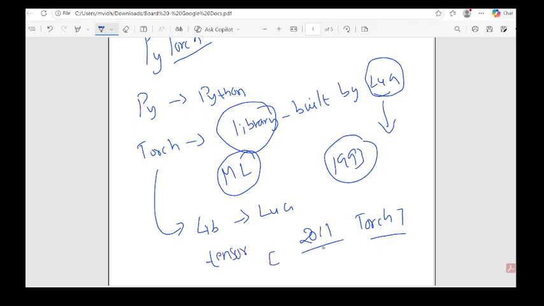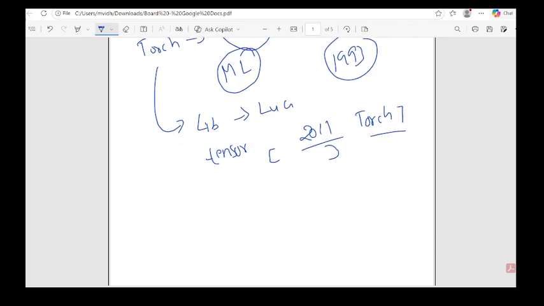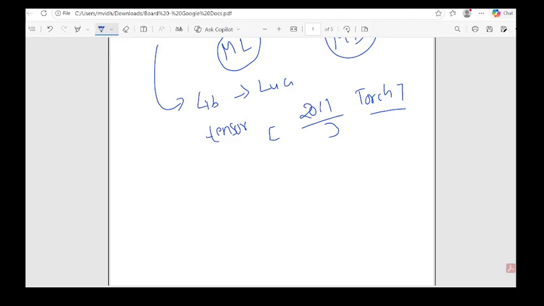A tensor is nothing but a kind of multi-dimensional vector. In deep neural networks, images are converted into vector tensors. Those tensors need to be calculated, and Torch provides very fast execution because of the Lua programming language, which was widely used at the time.